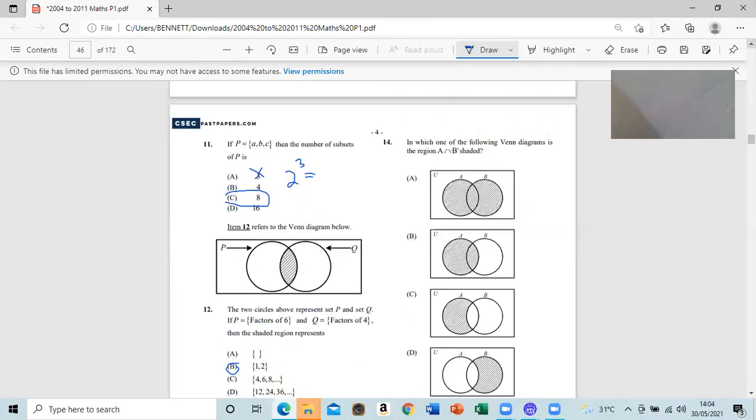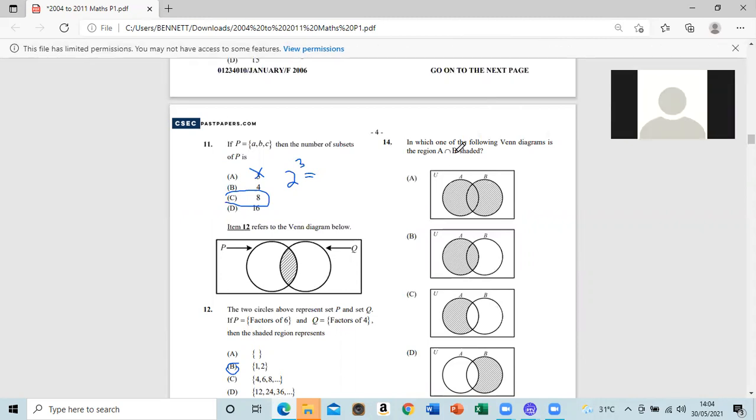All right, 14. In the diagram, which of the following diagrams is the region A intersect B prime? Sir, A. Look, it's B prime, you know, not in B. Sir, B. C. D. Remember, I said not in B. Sir, B. Sir, C. C. See there?